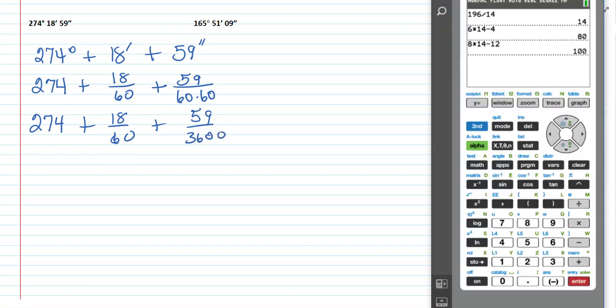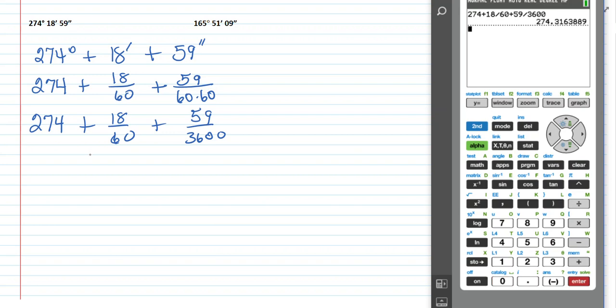All right, so here we go with a calculator. Let me clear off what I have. And I'm going to do the 274 degrees added to 18 divided by the 60 added to the 59 divided by the 3600 and enter.